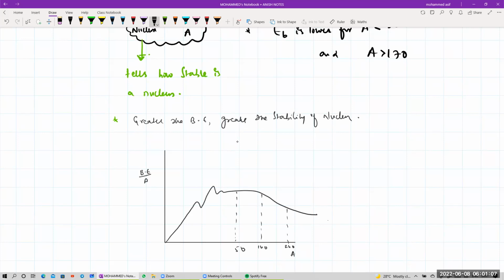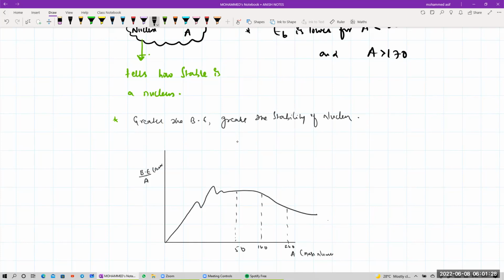This graph is very important. Here we take the mass number A, and here we take the binding energy per nucleon, in mega electron volt.